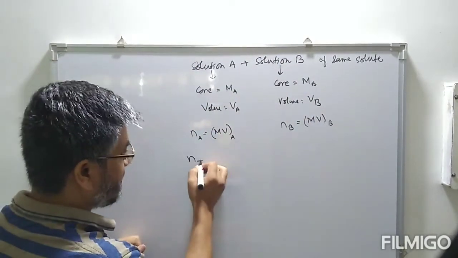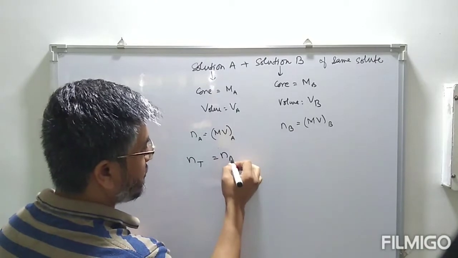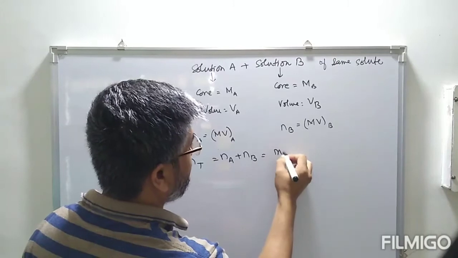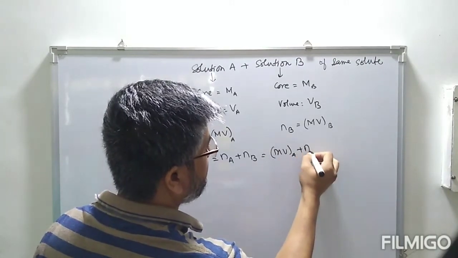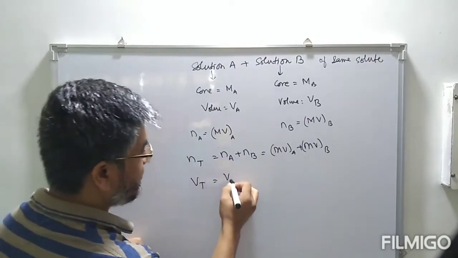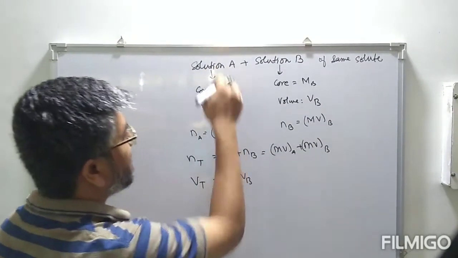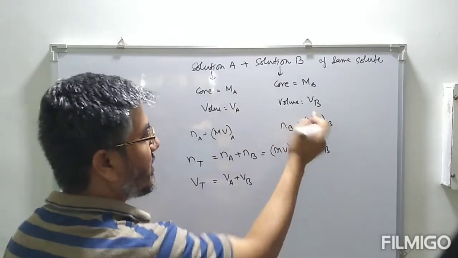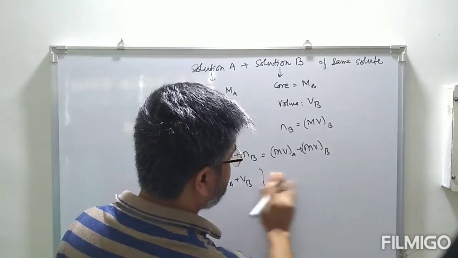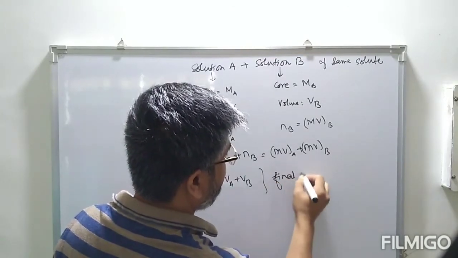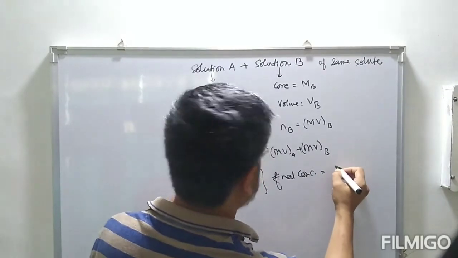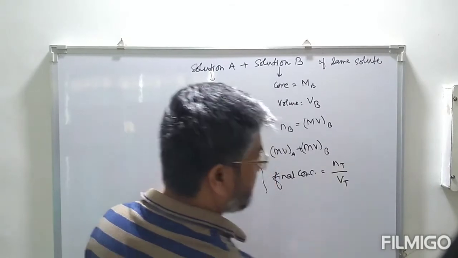Therefore, total number of moles of solute is number of moles of solute in A plus number of moles of solute in B. So this is MA VA plus MB VB. Total volume of solution is VA plus VB, because before mixing volume is VA and volume VB, after mixing this is the total volume. Therefore, final concentration is total number of moles divided by total volume.